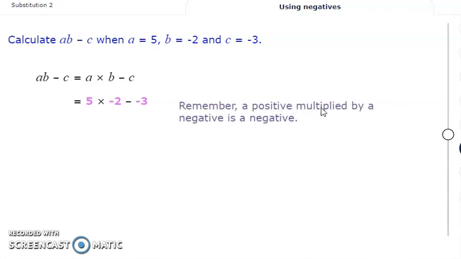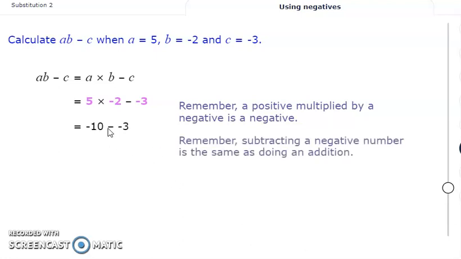Remember, a positive multiplied by a negative is a negative. Here 5 is positive and 2 is negative, so the resulting sign would be negative. When signs are different, the resulting sign is negative. So this would be -10 minus -3.